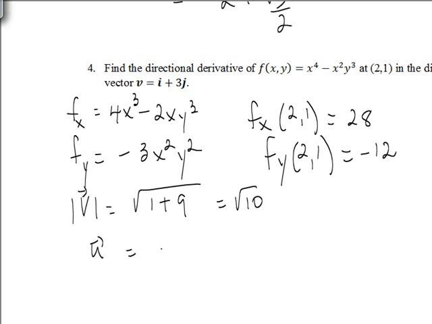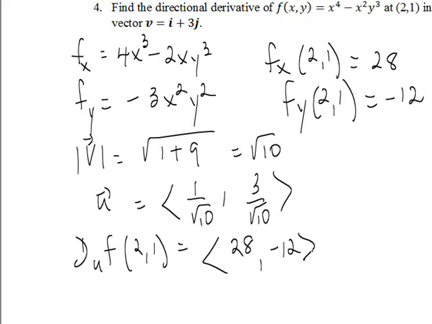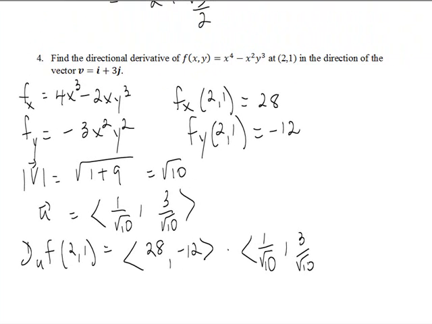And so u is the vector 1 over, I'm going to use angle brackets, I prefer it like that. And so the directional derivative of f at the point 2, 1 is the dot product of 28, negative 12 with 1 over square root 10, 3 over square root 10, which works out to be negative 8 over square root 10. Any questions on that?